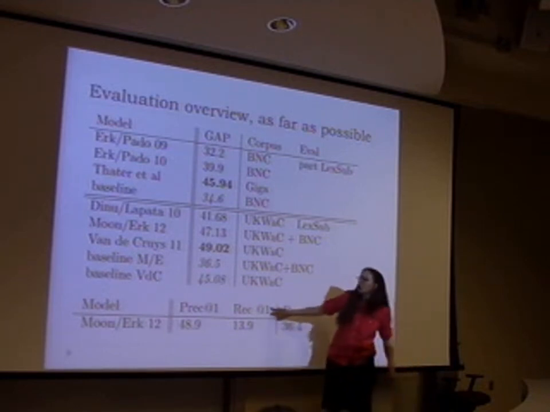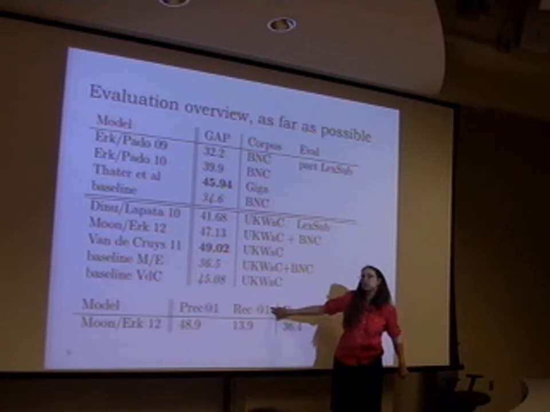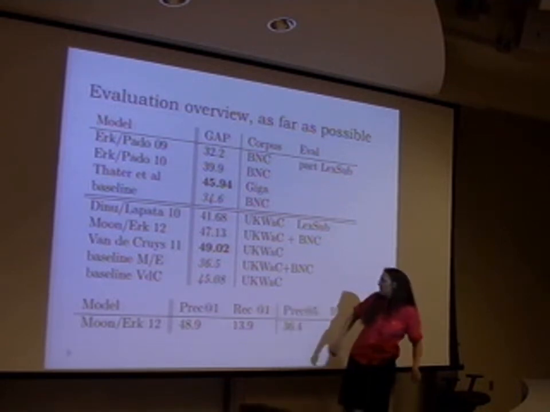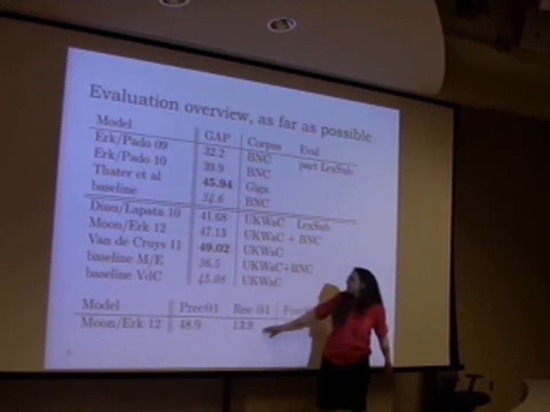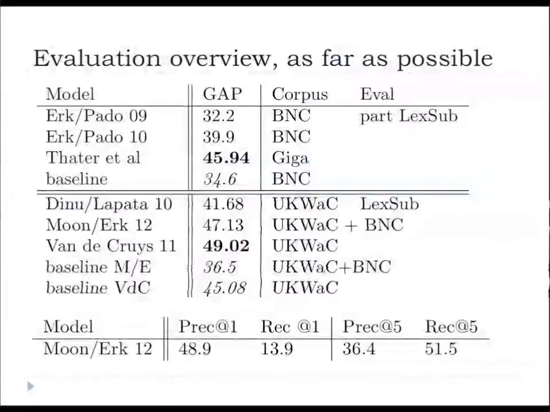If we look only at the highest ranked paraphrase that the model proposed, then we get a precision of almost 50% and a recall of about 14%. That is, very often more than one paraphrase applies, and we are only getting a small part of those. And we're getting about half of the paraphrases right that we're predicting.